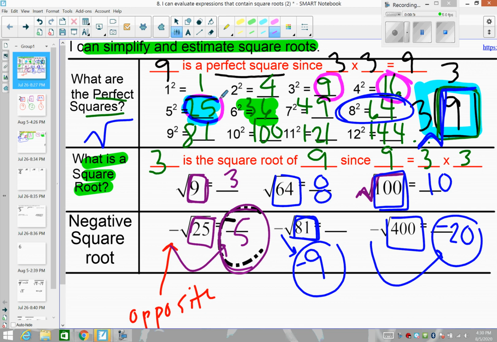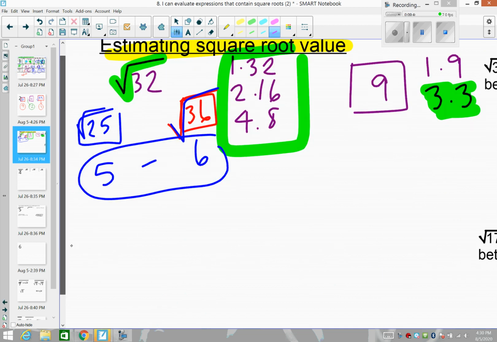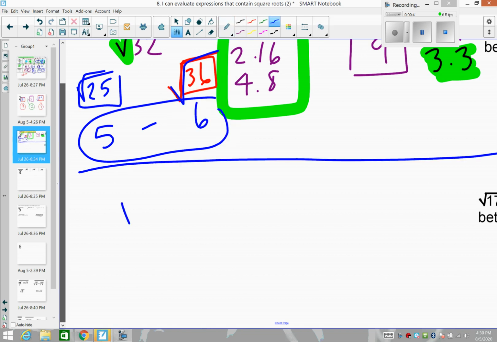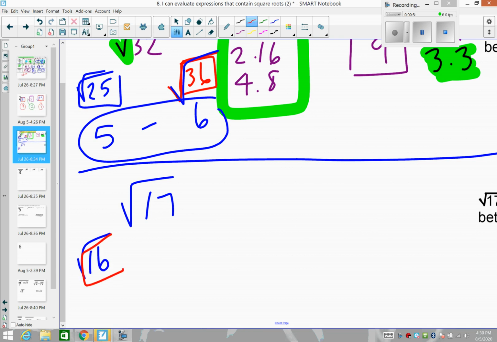None of those are the square root of 17 because we know that 17, you maybe remember this from elementary school, is prime, which means only 1 and 17 go into it. It's prime. So it's not a square, it's a rectangle. And we know that the square root of 16 is perfect because it makes this square that has the side of 4. So the square root of 16 is 4, which means the square root of 17 is a little bit bigger than 4.